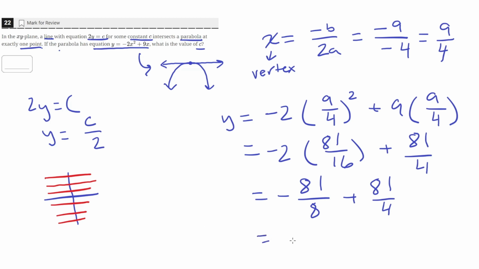If we do some fraction math, we get that this is equal to 81 over 8.